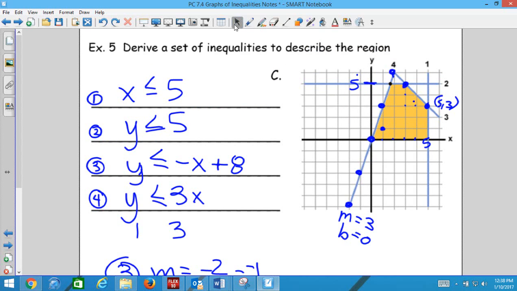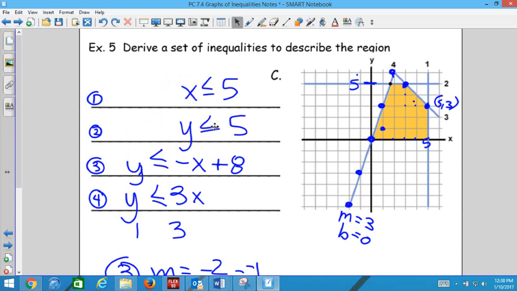There's something missing with this one and this one, because it also stops at 0, 0. It was harder to tell on this one, but here we didn't have a border there. So go back to C and fix that. I apologize for that, but it does have to end at some point too. So that is a border too. Since there wasn't a line right there, we had to do it.